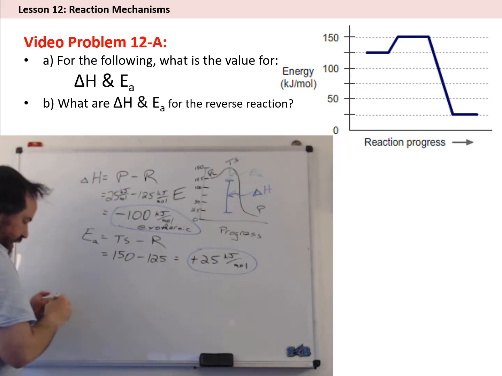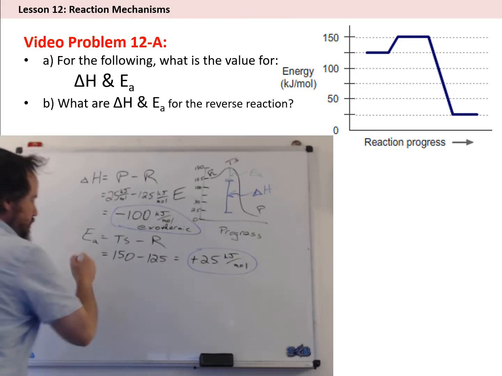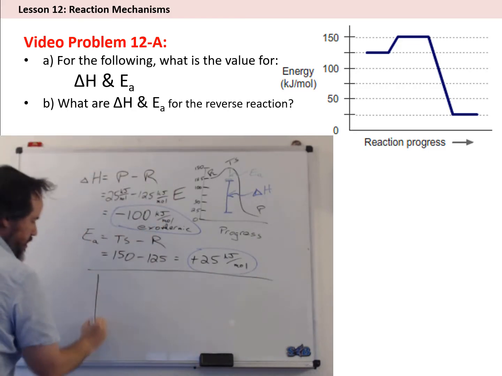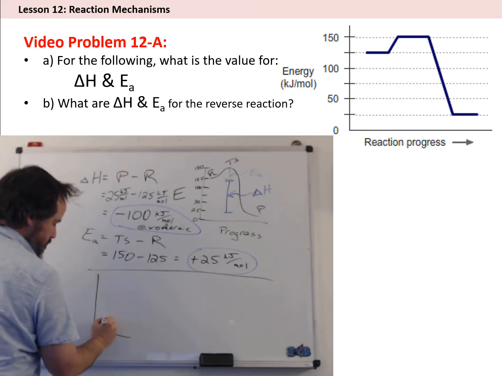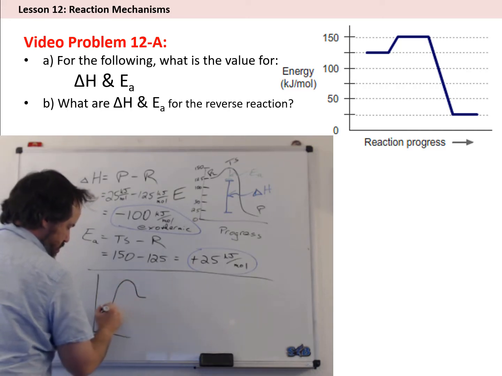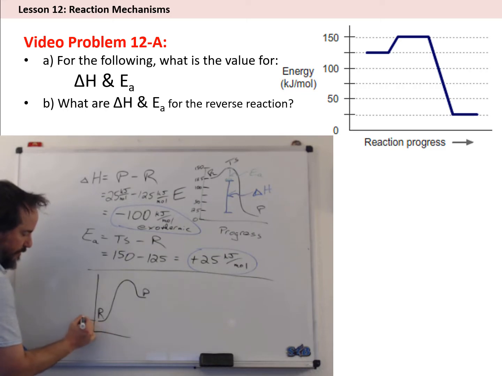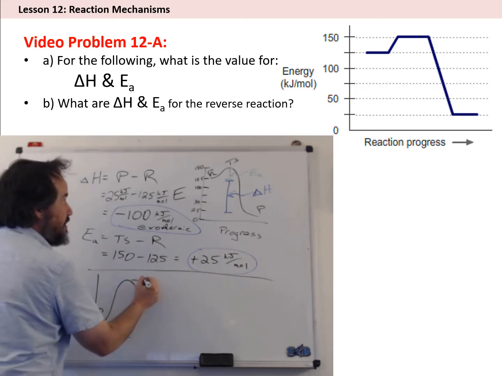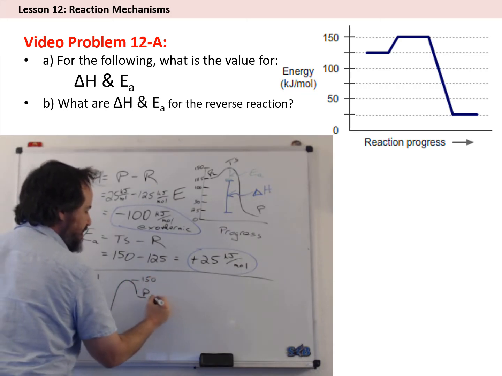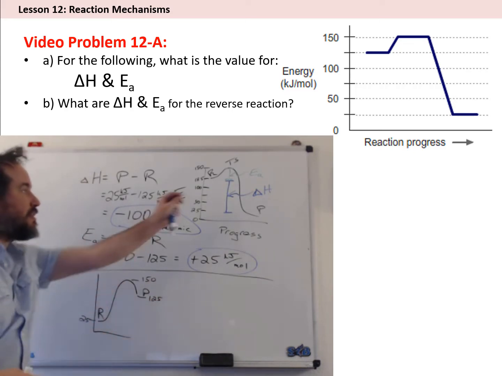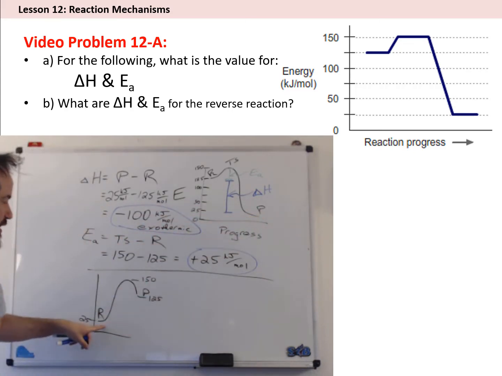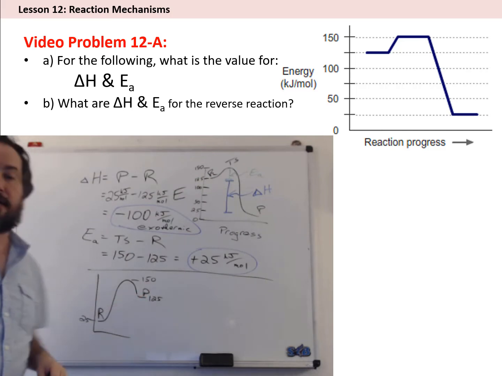So what we're going to get is, right? So this is now at 25, this is now at 150, and this is at 125. Basically, I turn my products into reactants, my reactants into products.